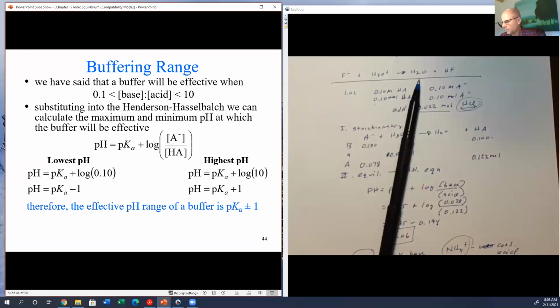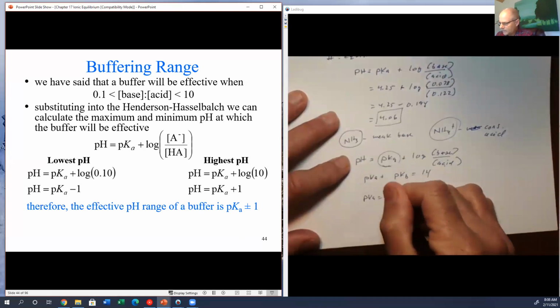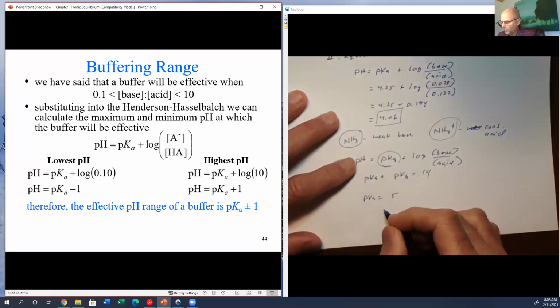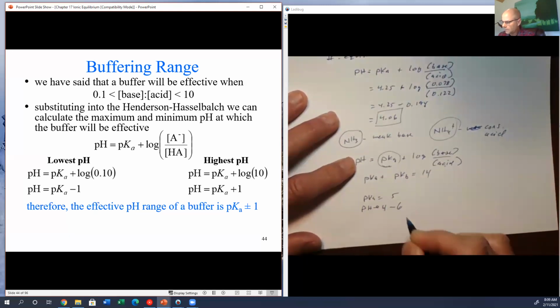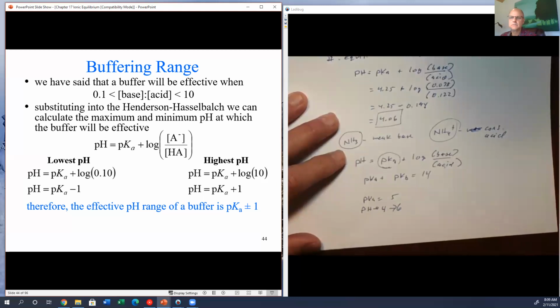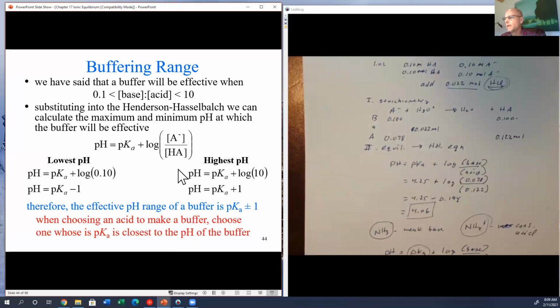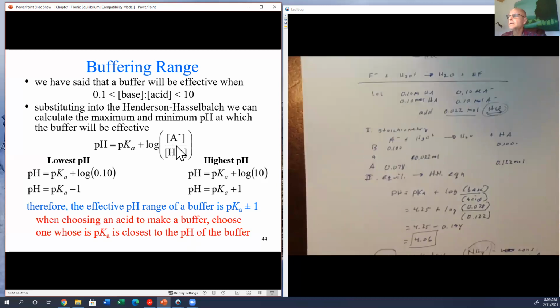So for example, if pKa is equal to 5, then with that acid and base system, you can make a buffer with pH range 4 to 6, 1 pH unit on either side of pKa. So when choosing an acid to make a buffer, choose one whose pKa is close to the pH of the buffer that you want to make.